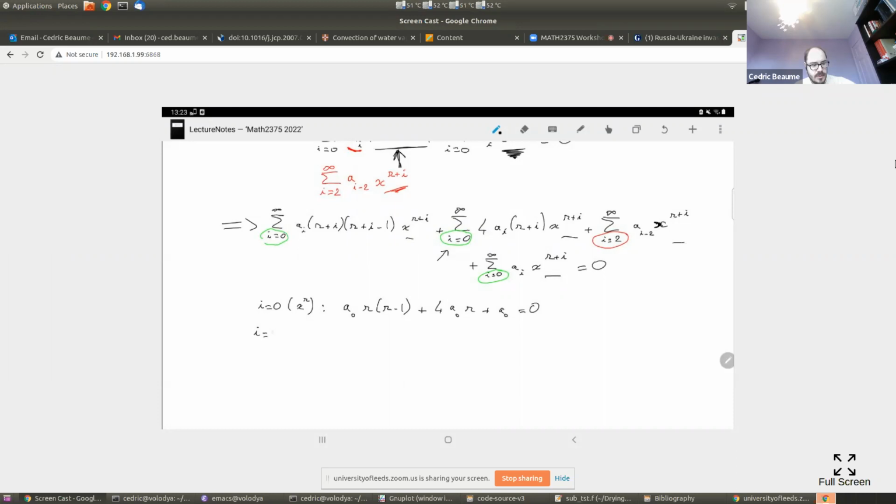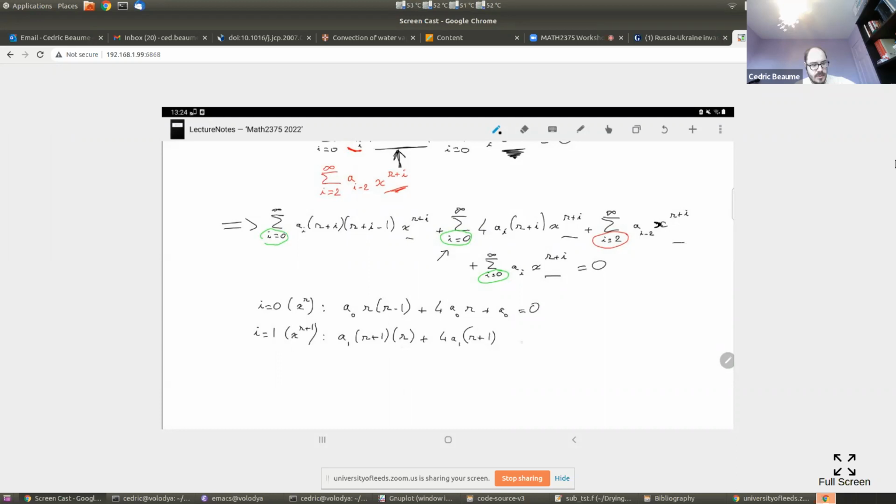The second one is i equals 1, so that's going to be looking at the coefficients in front of the monomial x to the r plus 1. And what we get here is, again, just looking at the first term, a1 times r plus 1 times r plus 1 minus 1, so that times r. The second term gives me 4a1 times r plus 1.